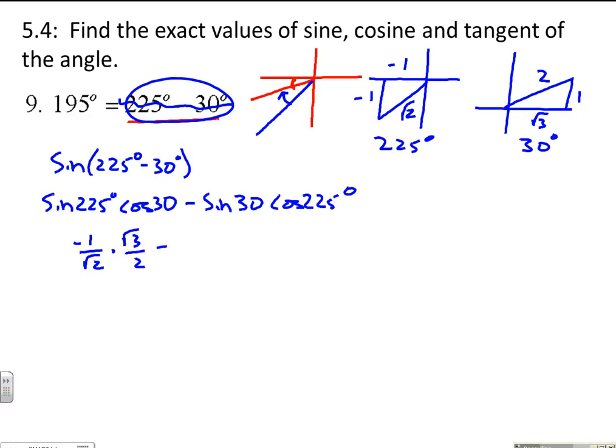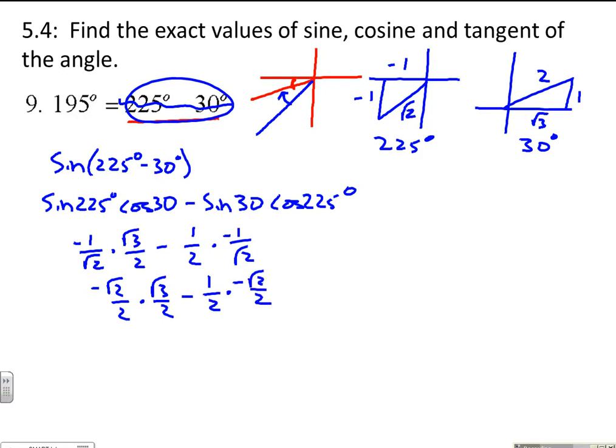Minus sine of 30, 1/2. Cosine 225 is also negative 1 on root 2. So if I rationalize these irrational denominators, I get negative root 2 on 2 times root 3 on 2 minus 1/2 times negative root 2 on 2.